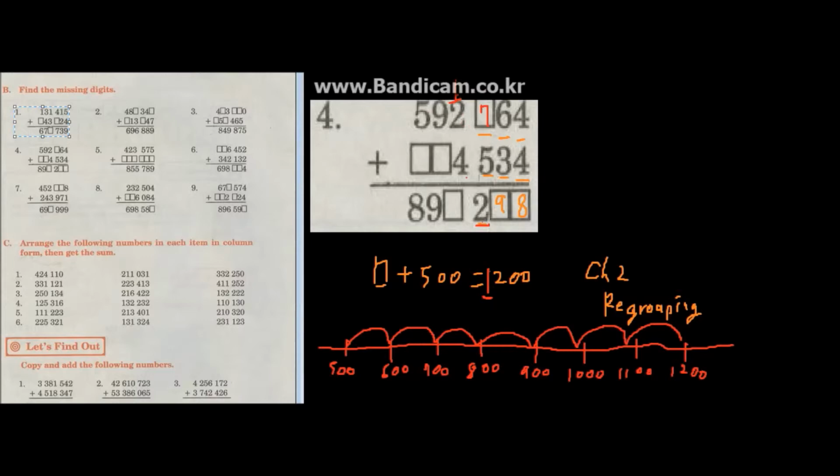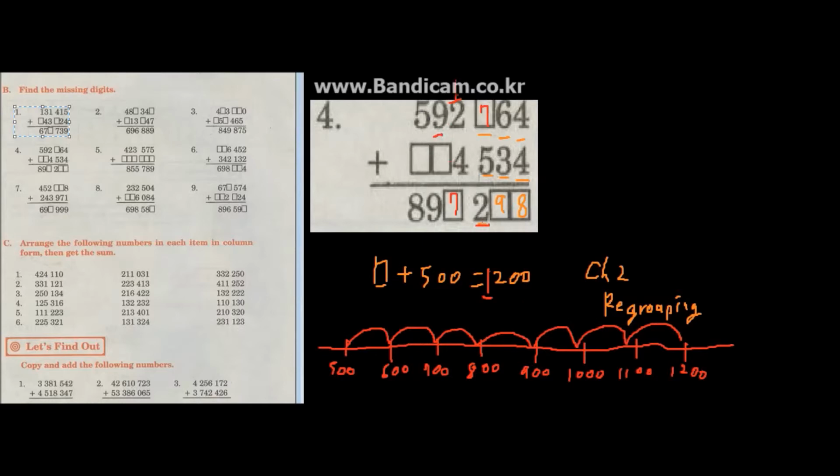So instead of 2,000 plus 4,000 is 6,000, which is not the answer, we also add this 1,000. Now 1,000 plus 2,000 plus 4,000 is 7,000, and this is the correct answer. Now let's go to the next column.